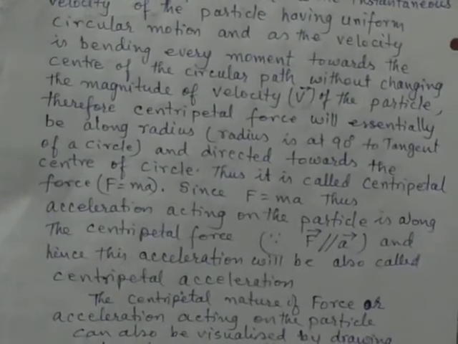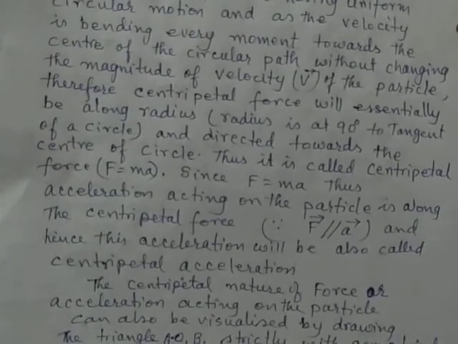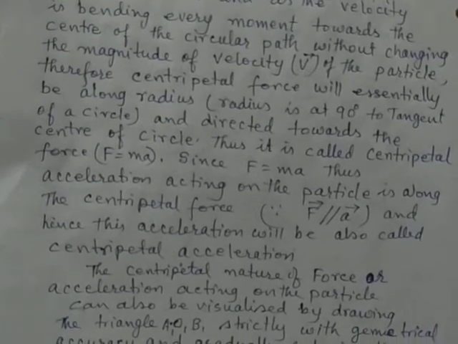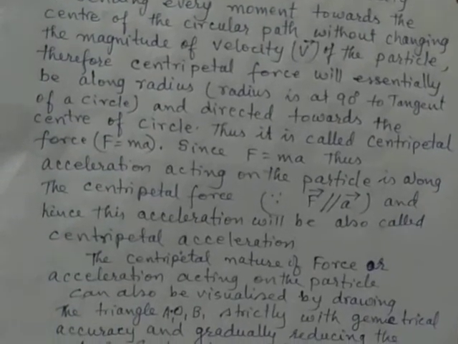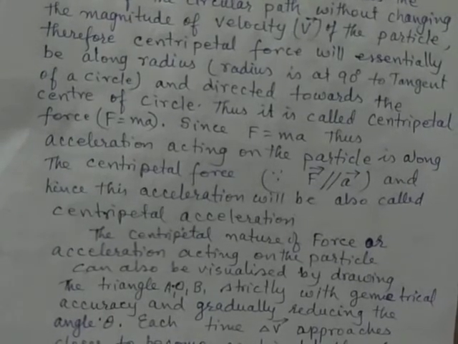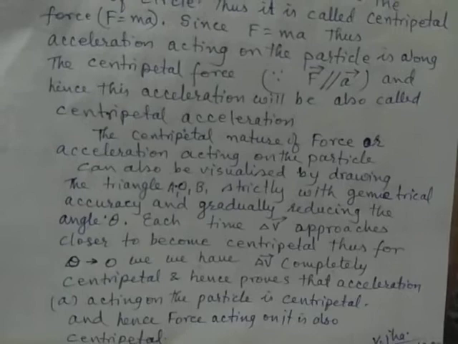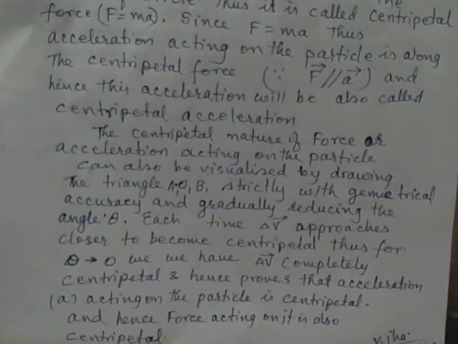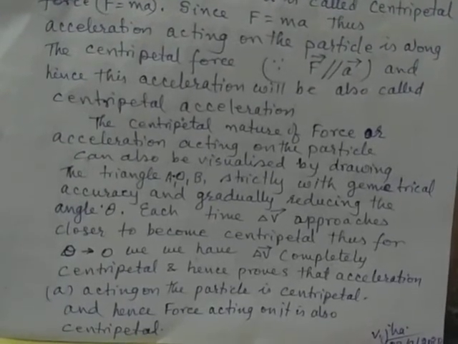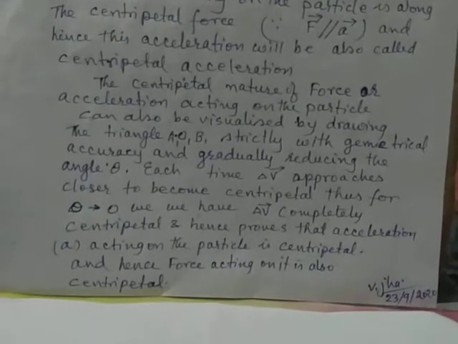Otherwise it would have changed due to some component of force lying in the direction of velocity, but that is not the case, and therefore the magnitude of velocity is not changing, and therefore we can say that the force is perpendicular to the instantaneous velocity, and since it is always bending towards the left, the perpendicular force is always radial, because the radius is always at 90 degrees to the tangent drawn at any point on the circle.